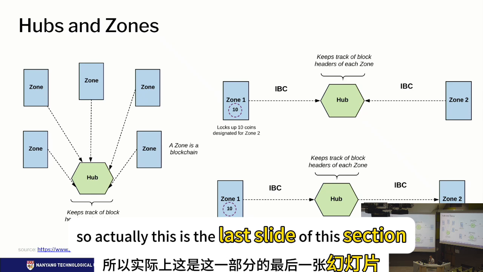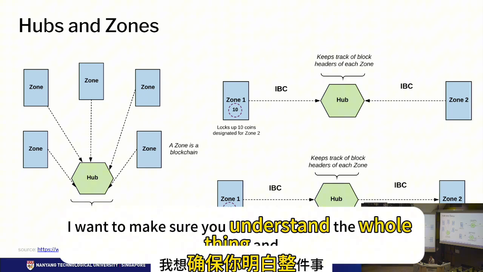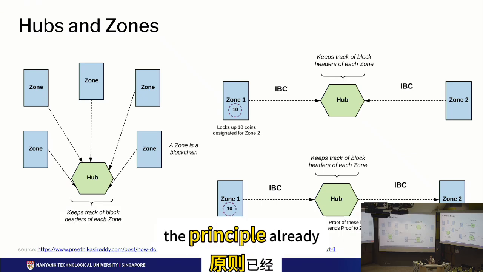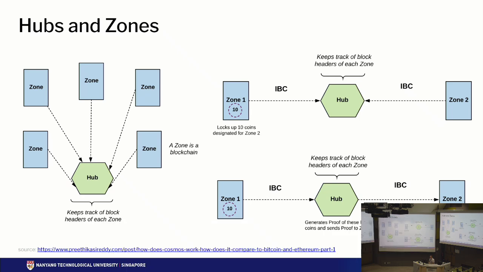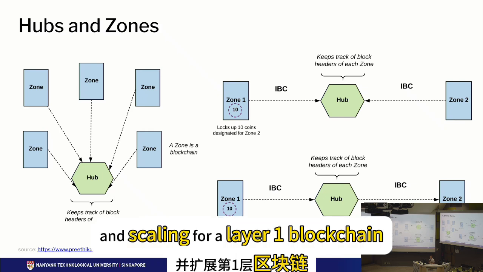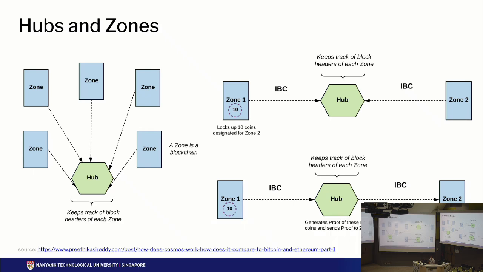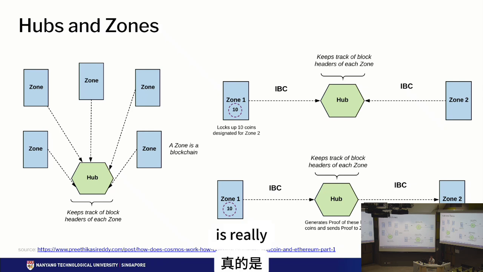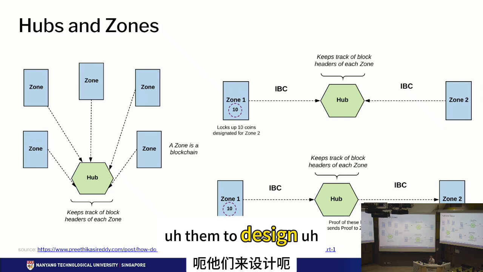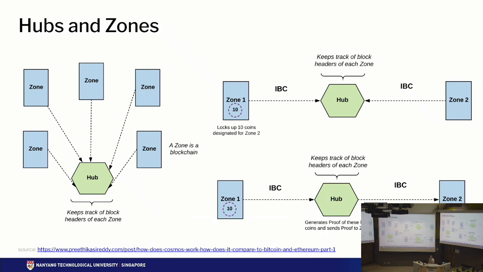So actually, this is the last slide of this lecture. I want to make sure you understand the whole thing and the principle already. Basically, state sharding is what we call horizontal sharding scaling for a layer 1 blockchain. And the initial purpose for all these modular architectures like Cosmos and Polkadot Substrate is really for them to design interoperability across different layer 1 blockchains.